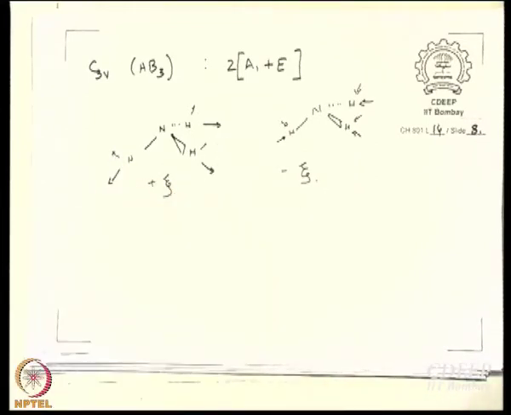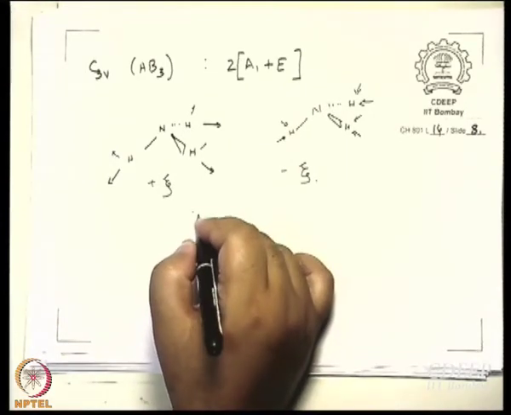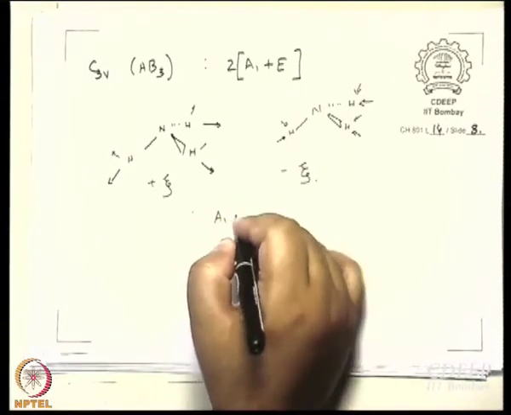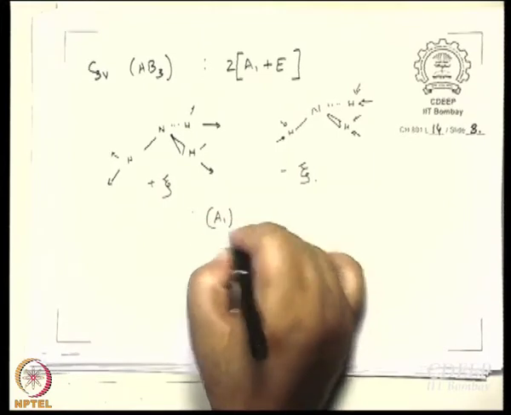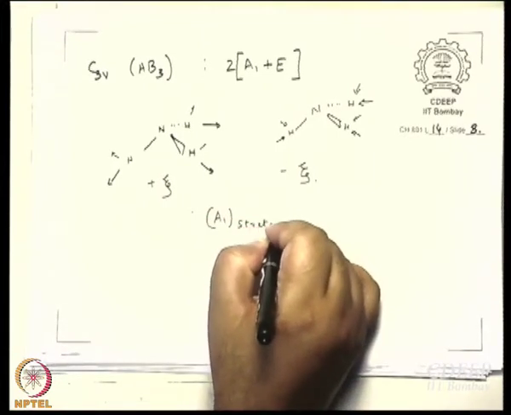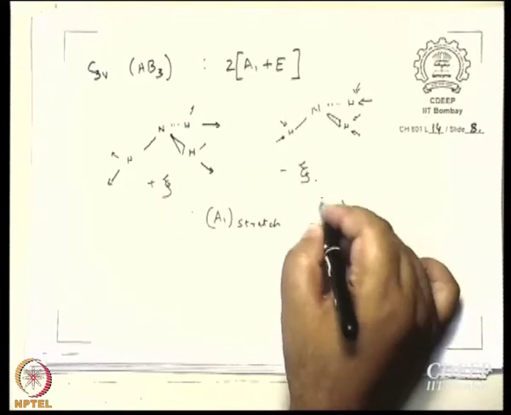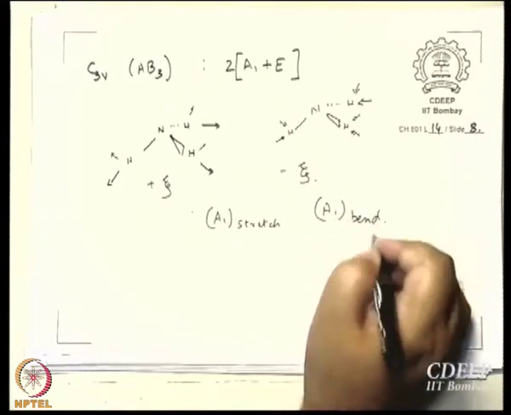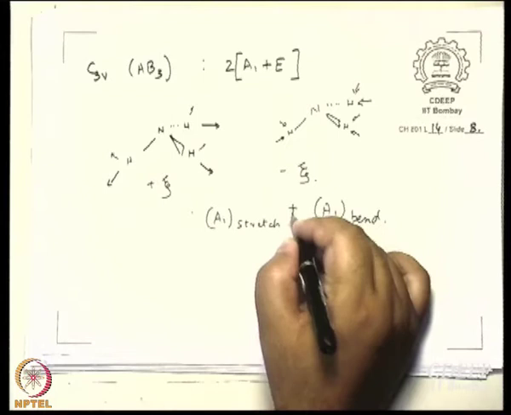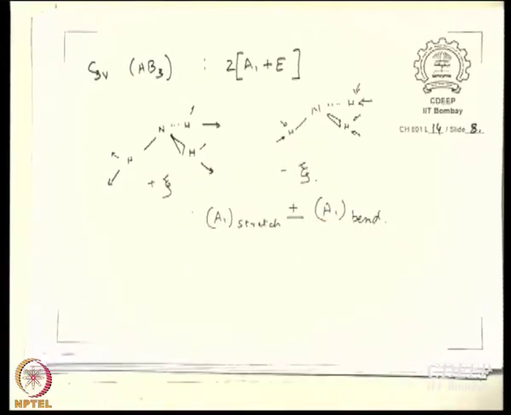As I said correctly, what we have is, say, A1 stretch and we have A1 bend. The possible linear combinations are plus and minus.